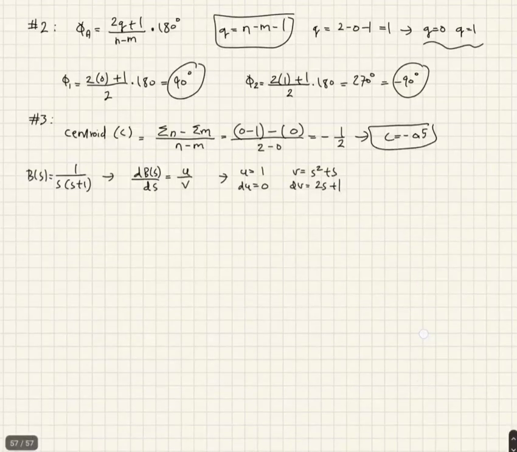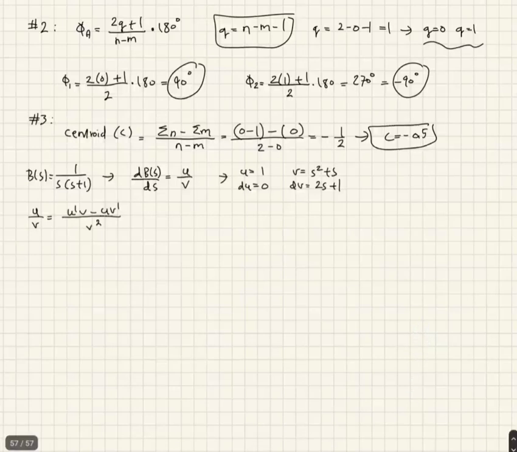Now, how do you find the derivative of such an equation? It's just (u over v)' equals u prime v minus u v prime over v squared, okay? So that's the formula to find the derivative of such equations.